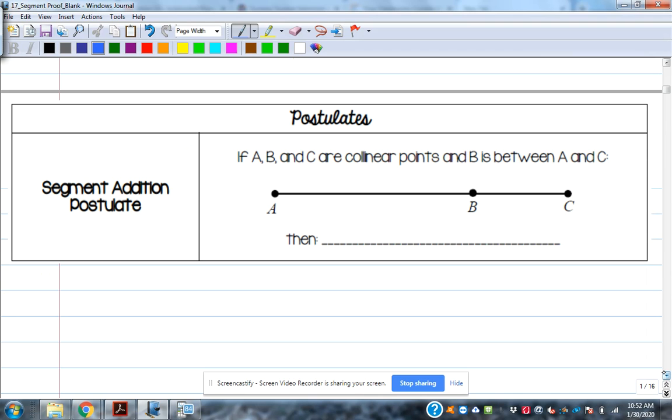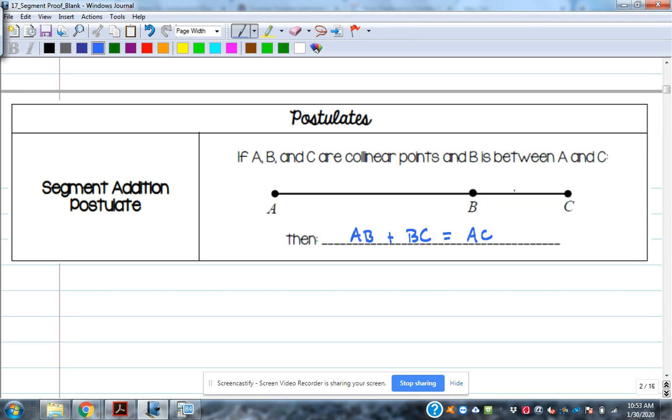And then the last thing is the segment addition postulate. So this is our first real postulate that we've talked about. A, B, and C are collinear points, and B is between A and C. All that is doing is describing that picture and telling you what points are on the ends and what's in the middle. And then what happens from there? The segment addition postulate says AB plus BC equals what?